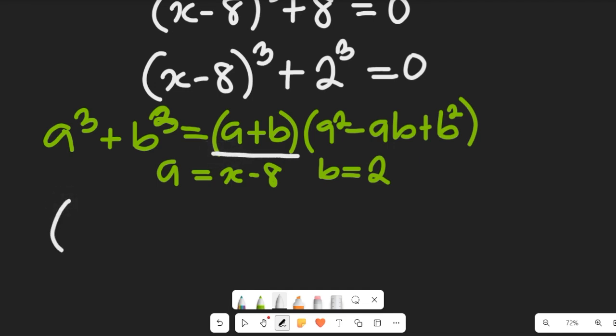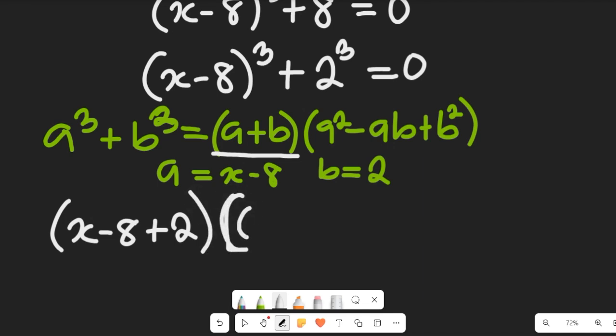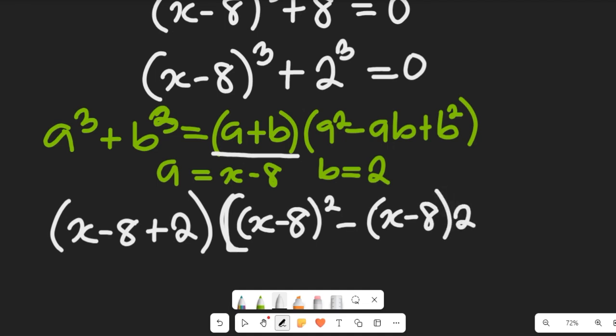So if we substitute that into the expression, we're going to have the first factor, which is x minus 8 plus 2, right? And the second factor will give us x minus 8, all squared, minus x minus 8 multiplied by 2, and then plus, the other one is going to give us b, which is 2 squared.